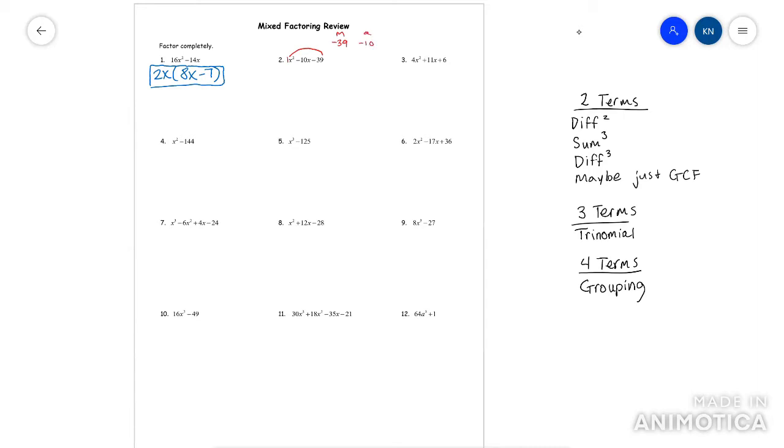You're going to have to find two numbers that multiply to be that rainbow, negative 39, and add up to be negative 10. So in this case, it's 3 times negative 13 that makes that combination work. These are the only 2 numbers that multiply to be negative 39 and add up to be negative 10.